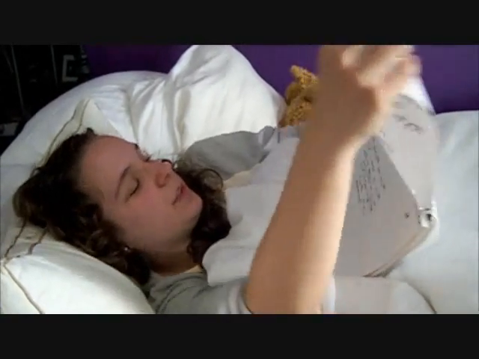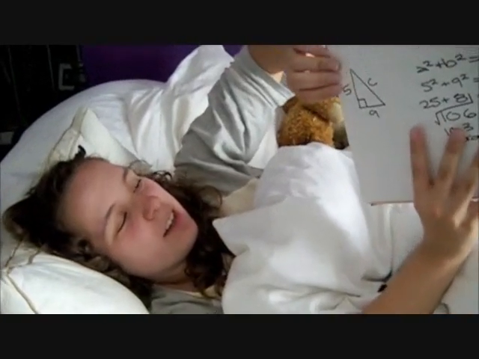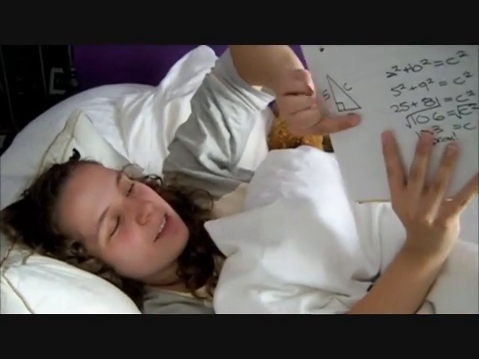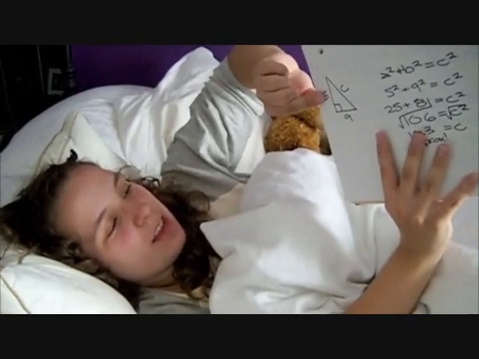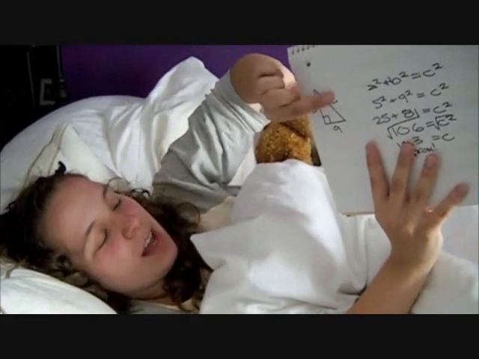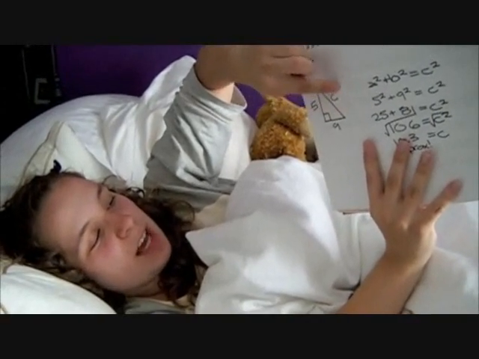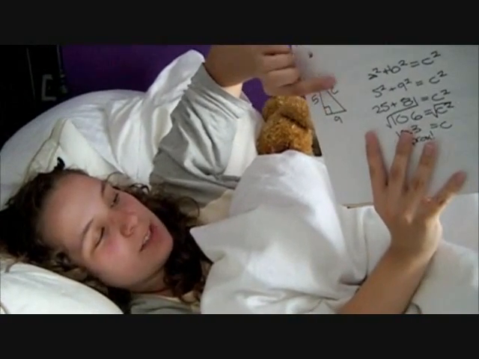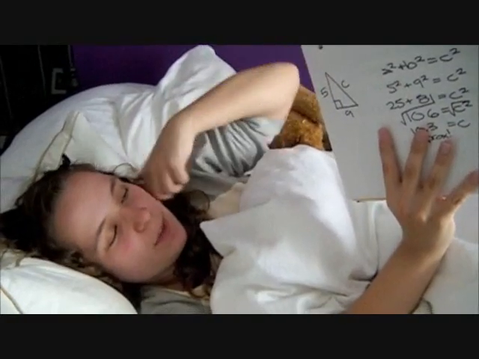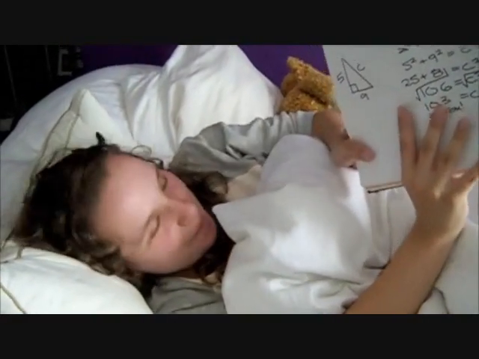For example, we have this little triangle where this measurement is 5 and this measurement is 9. So this is A, this is B, and this is C, what we're trying to find out. C must always be across from the right angle, because that is the hypotenuse. C equals hypotenuse.